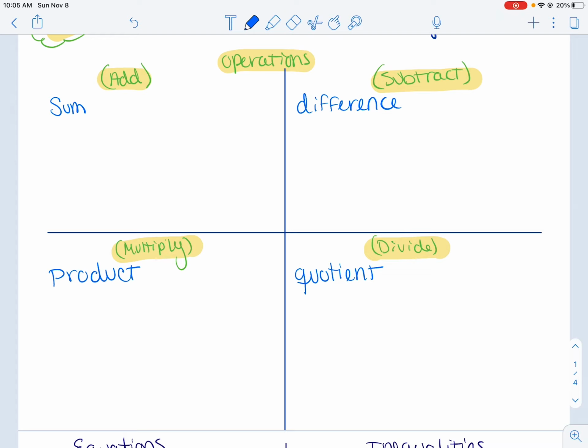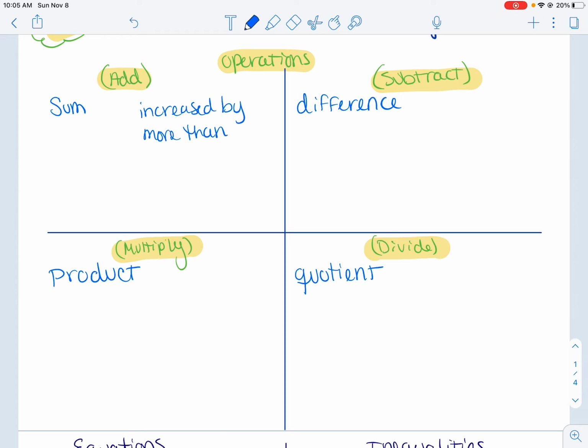But let's see if we can add some more. So for addition, you could also say phrases like increased by or more than. Sometimes you could potentially use the words like greater than. That gets a little tricky because it's also similar to an inequality, right? So I think sticking with just increased by or more than would be best.